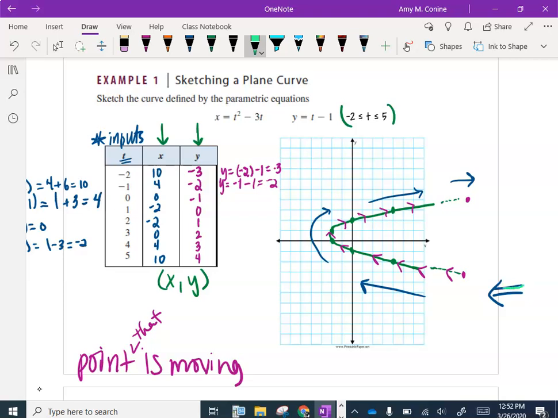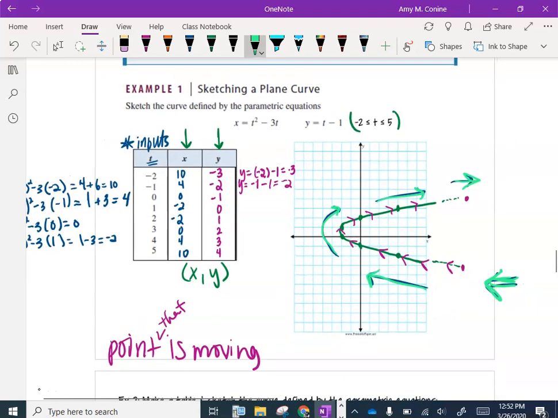It's coming from this direction right over here with my blue and green arrow, and continually moving through the function all the way back up. All right, so that's parametric equations. That's graphing your x and y coordinates as a function of time, as a function of moving.